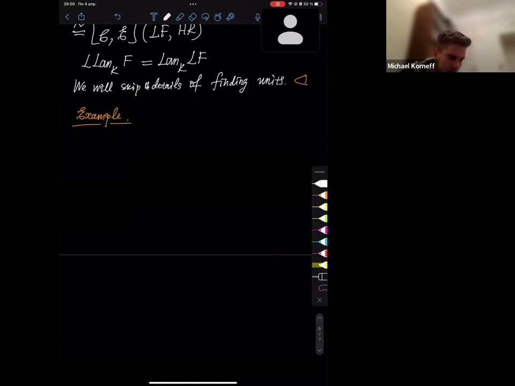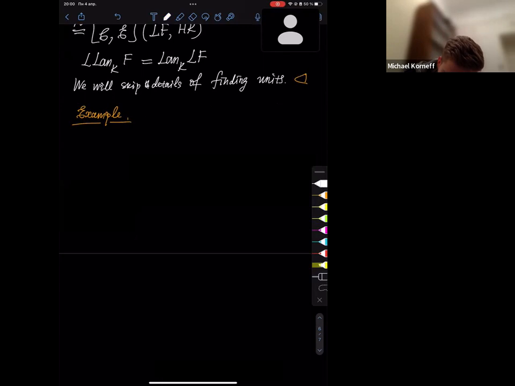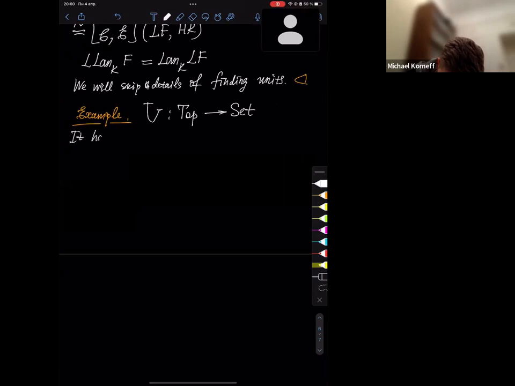Consider the forgetful functor U from the category of topological spaces to the category of sets, and it has both left and right adjoints.